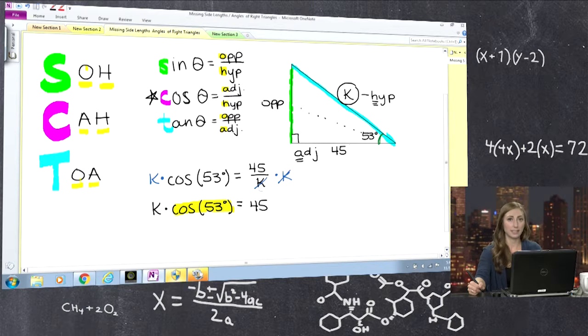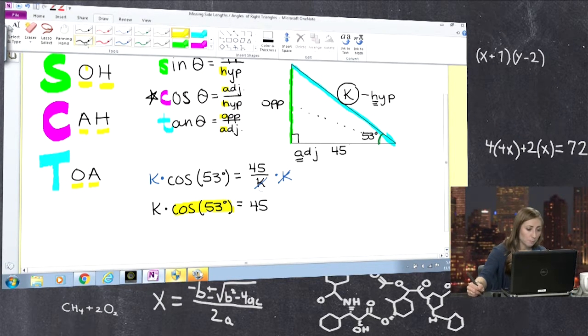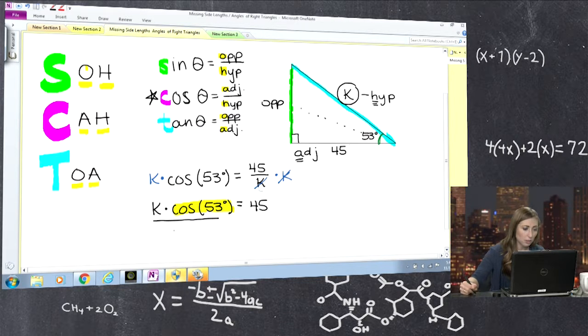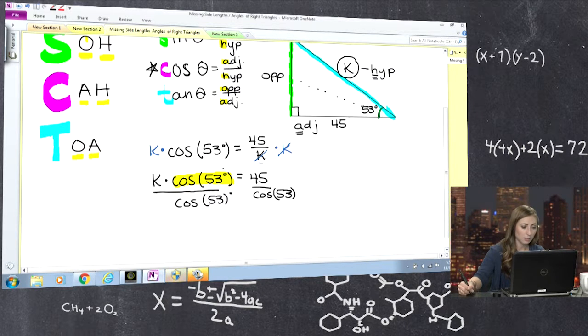To undo it, to isolate K, we're going to divide. So I'm going to divide both sides of my equation by cosine of 53 degrees, because again, it's just some number. That isolates K, eliminating our cosine on this side. K is now by itself.